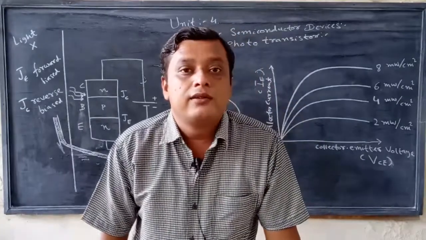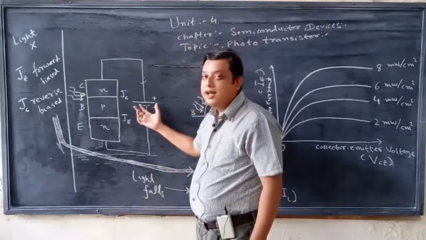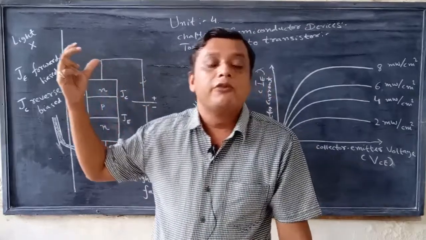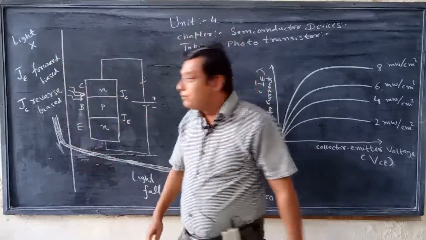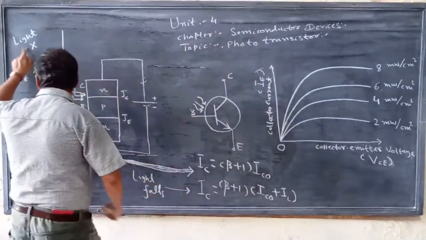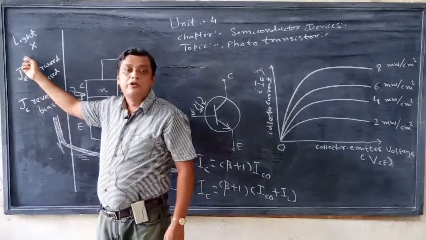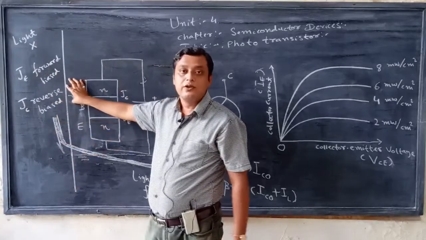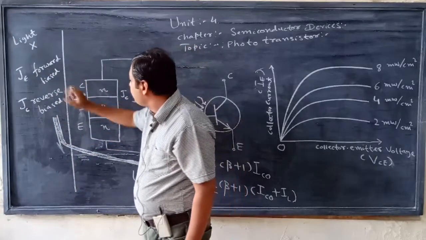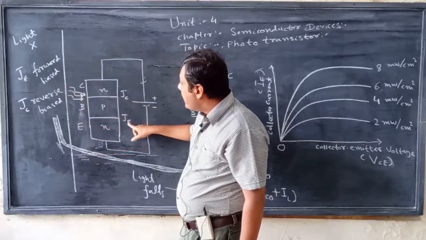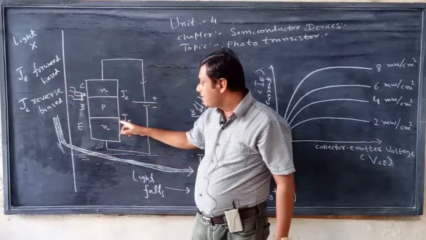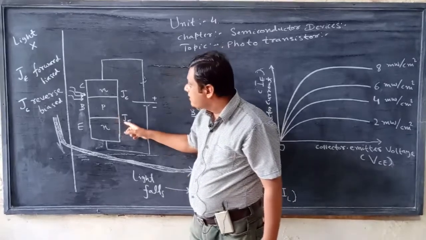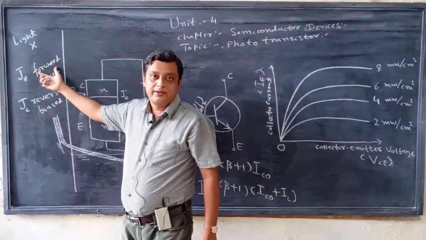Then I am moving to explain the working, that is, how the phototransistor is able to work whenever light energy is falling onto it. So what happens if light is not falling onto the phototransistor? Then the emitter base junction, this is JE, J means junction, E means emitter, is found to be in a forward biased region.